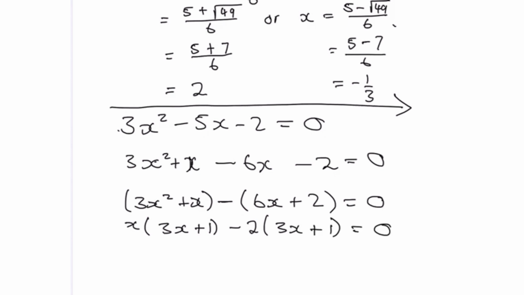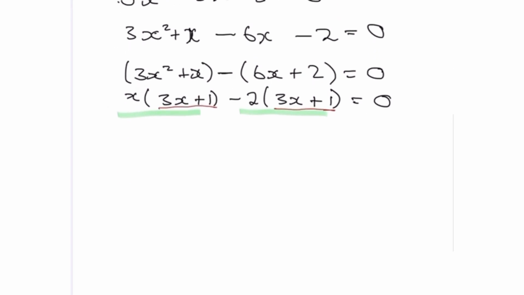If you check from left and right, you have x times 3x plus 1, and minus 2 times 3x plus 1. You notice that 3x plus 1 is common, and therefore we call it a common factor.